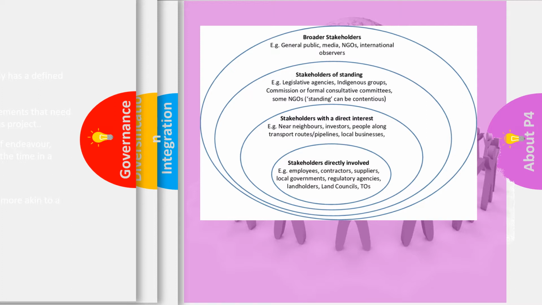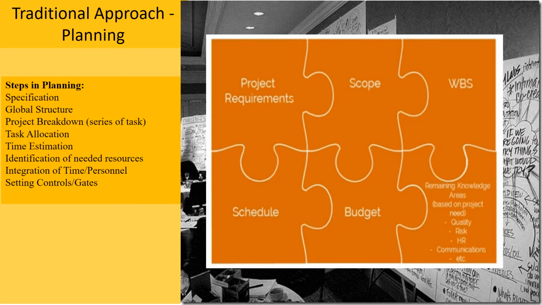Then as we saw, the project management process had 5 stages. The first stage was the initiation stage. The next stage is the planning stage, and in the planning stage there are about 6 areas.